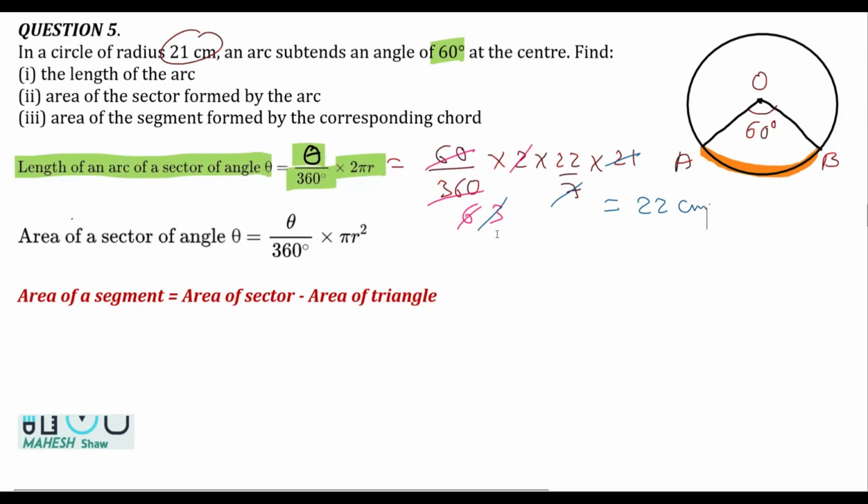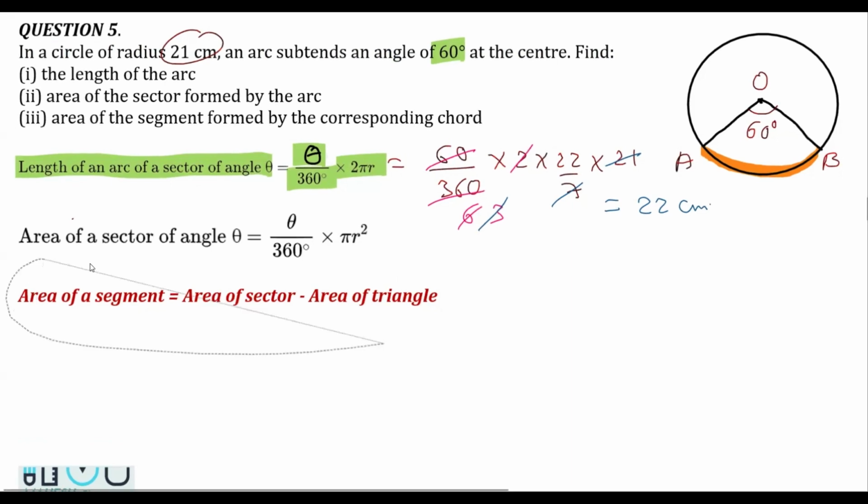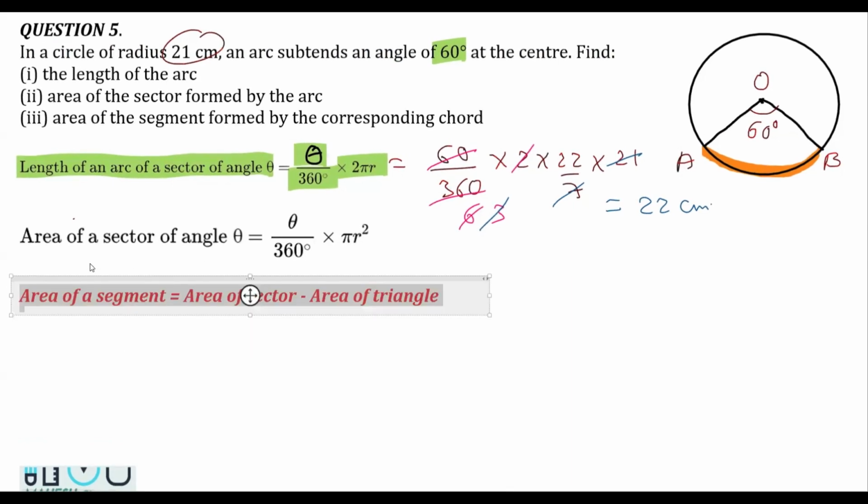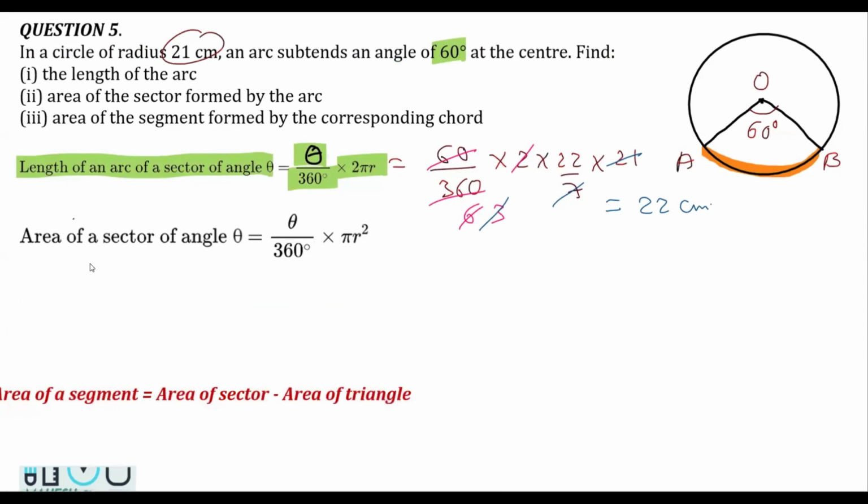Now, next is to get the area of this sector, and the formula for the area of the sector is what? Let's say first, we have written the formula for the area of this sector. Area of a sector is theta over 360. So what is theta here? Theta is 60 over 360 into pi r square. Pi replaced with 22 upon 7.